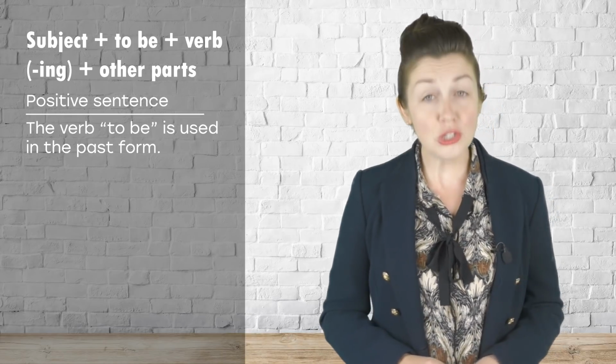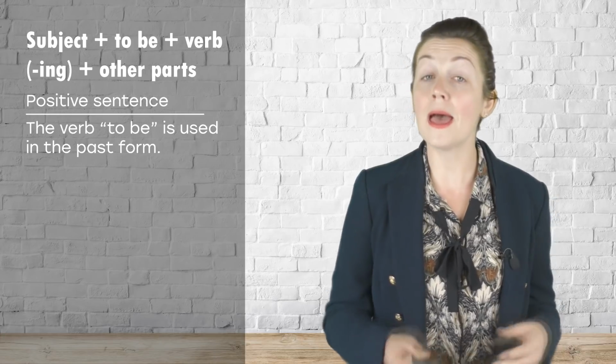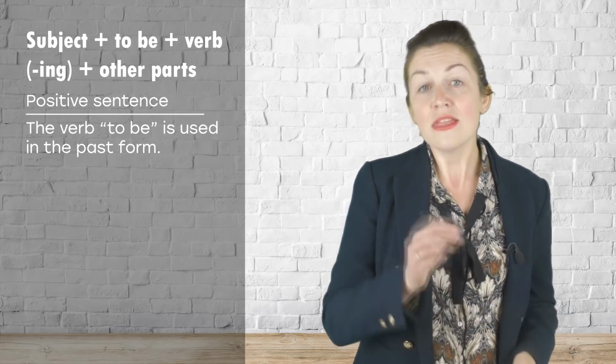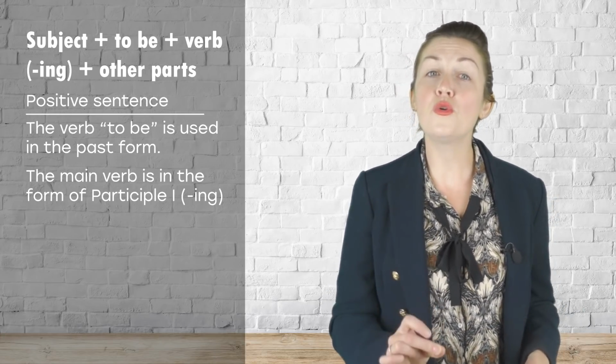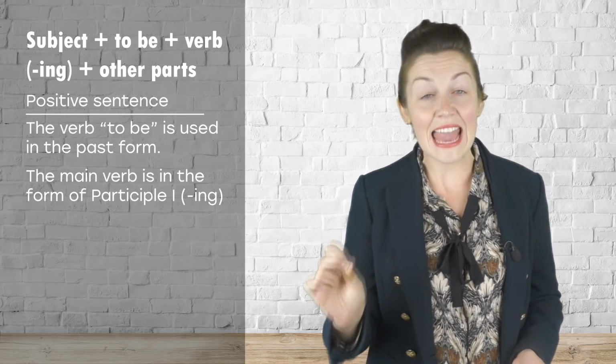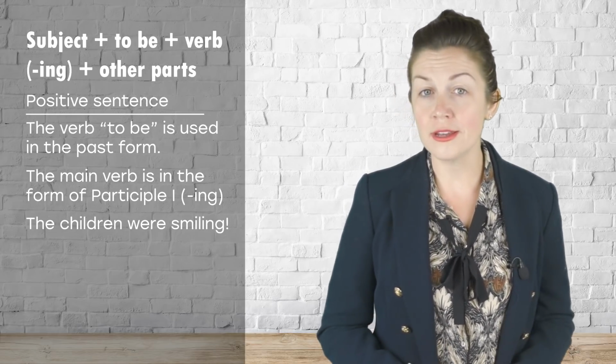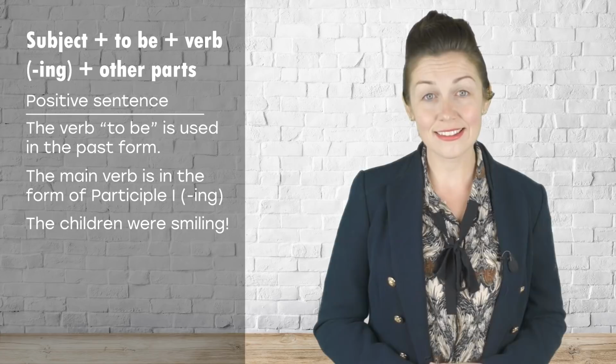The verb to be is used in the past form when we're talking about the past. The main verb is in the form of the participle one, with the -ing ending. For example, the children were smiling.